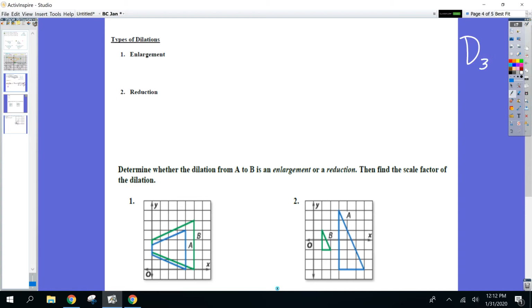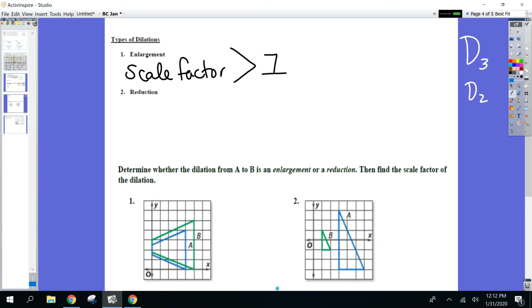Yeah, that would be an enlargement. What else? 2? Yep, that's an enlargement. Okay, can we just sum this up then? Anything greater than 1. So an enlargement would be a scale factor greater than 1.